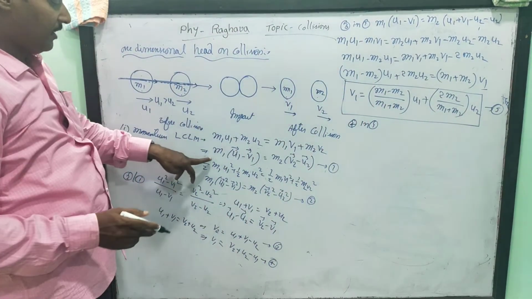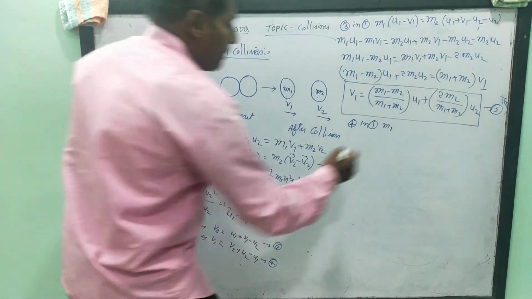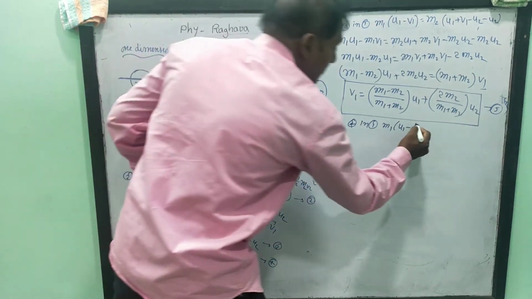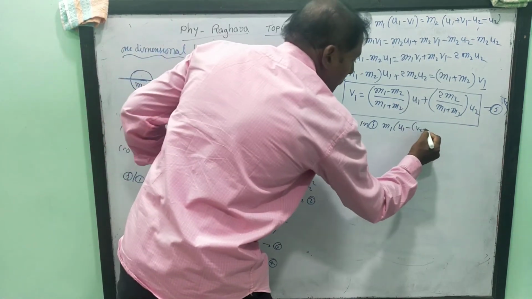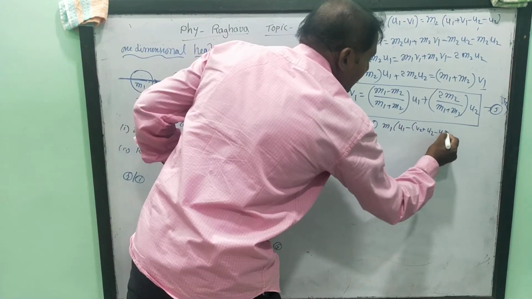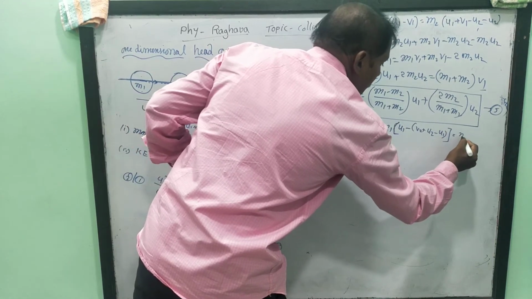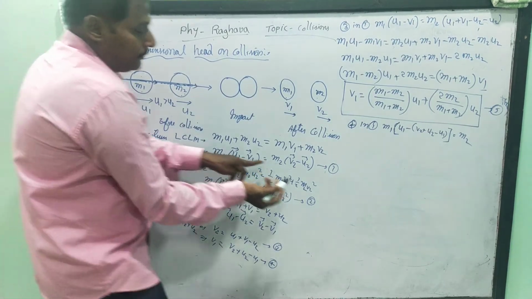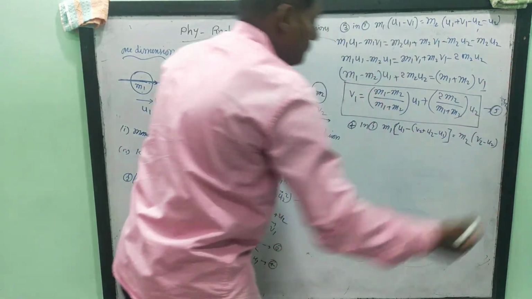Then from equation 1 simply we can write m1 of (u1 minus v1), meaning (v2 plus u2 minus u1), is equal to m2 into (v2 minus u2).